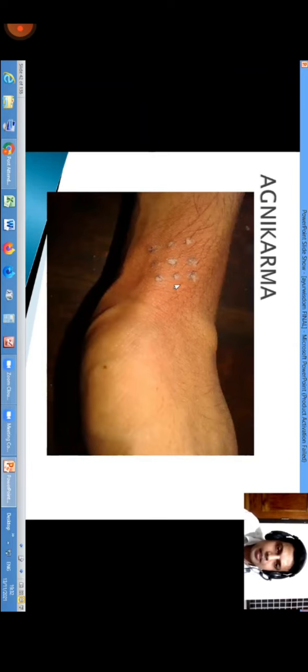The skin in this area is thinner than other areas, so we should take care while doing Agnikarma. This peripheral Agnikarma is enough. Don't go deep in this area while doing Agnikarma, because ulcer formation is a complication of Agnikarma in this condition. So take care of the wound.